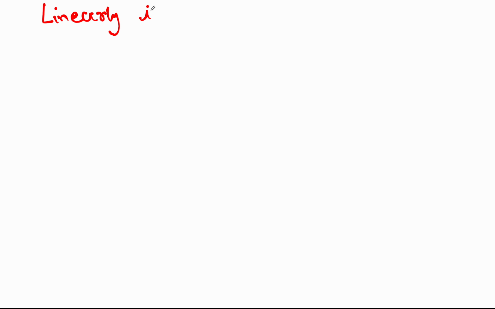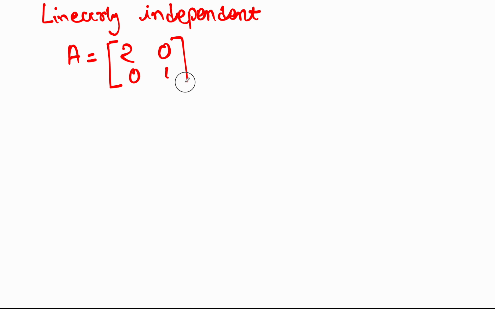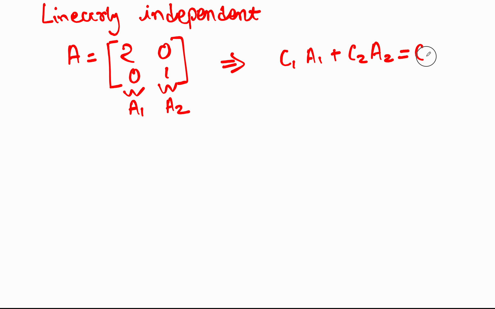Linearly independent. And we just saw that matrix A has columns 2 0 and 0 1. Let's say this is A1, which is column 1, and this is A2. So c1 A1 plus c2 A2 is equal to 0.